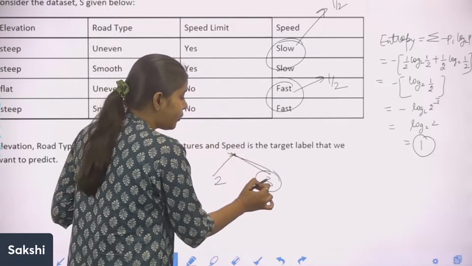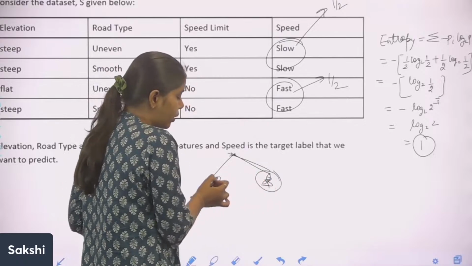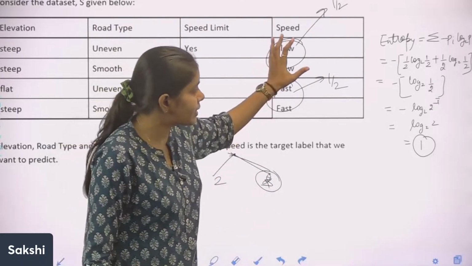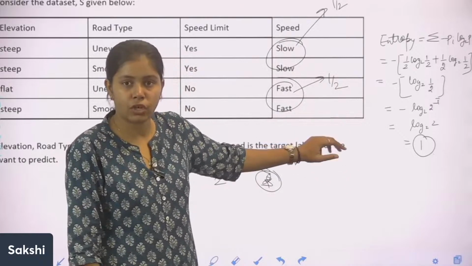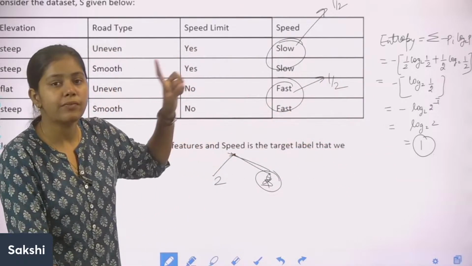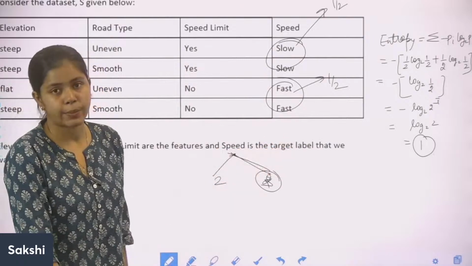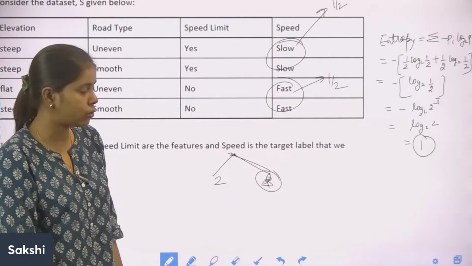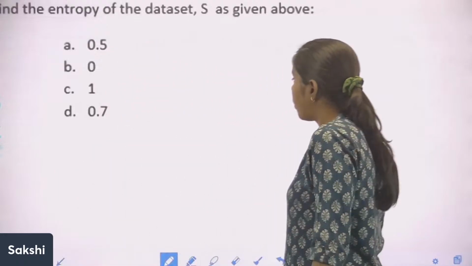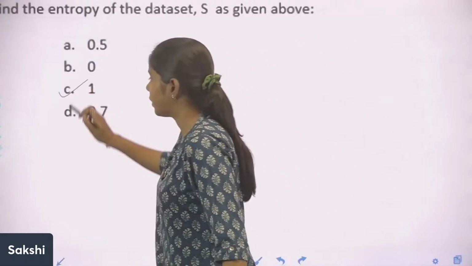But when I have 2 and 2, I do not know whether to go here or here. That's why entropy is basically a measure of impurity, and for binary classification we have maximum impurity as 1. So I can answer this question: the entropy of the data set is 1.